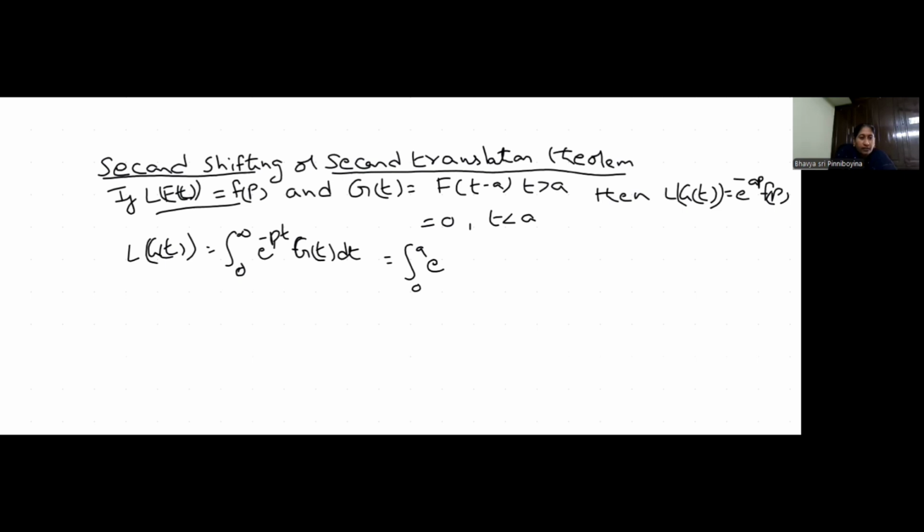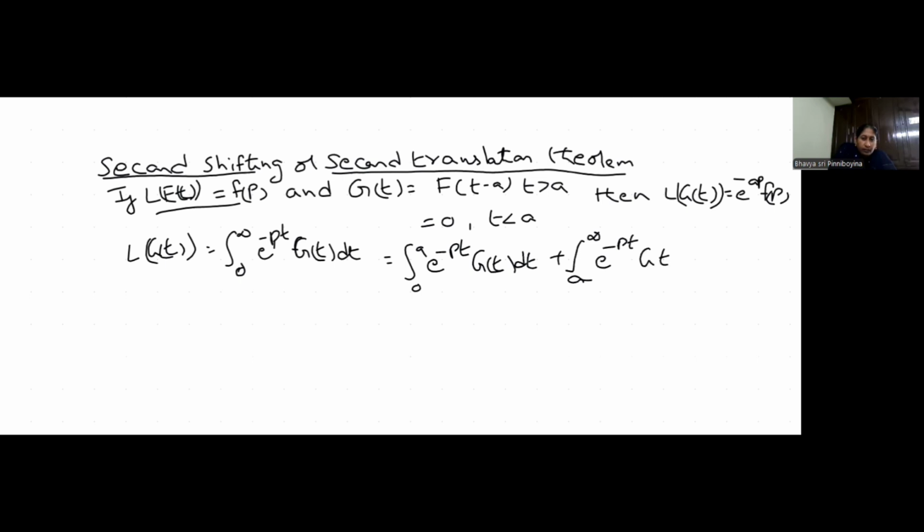Let us take the definition of the Laplace transformation for g of t. Laplace of g of t equals integral 0 to infinity e power minus pt g of t dt. We split the integration into 0 to a, e power minus pt into g of t dt, plus a to infinity, e power minus pt into g of t dt.